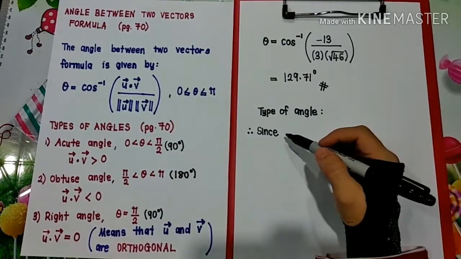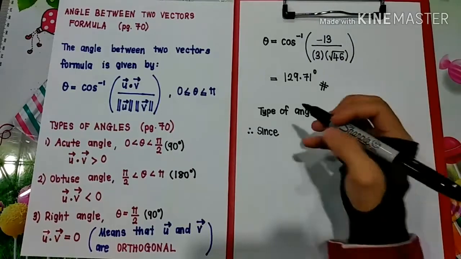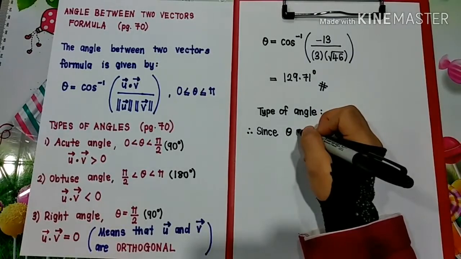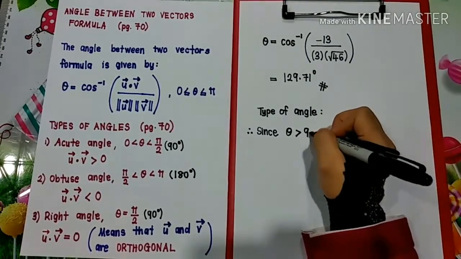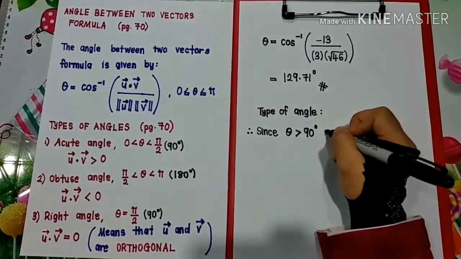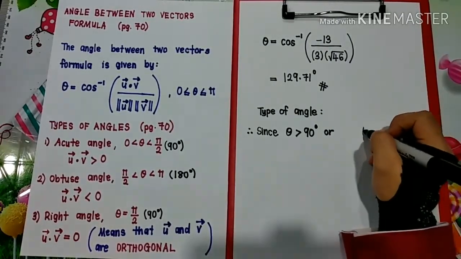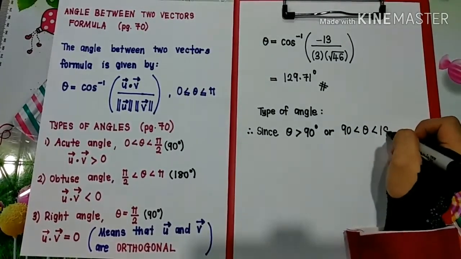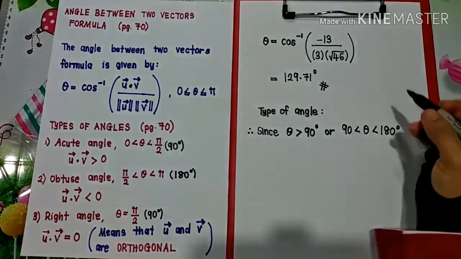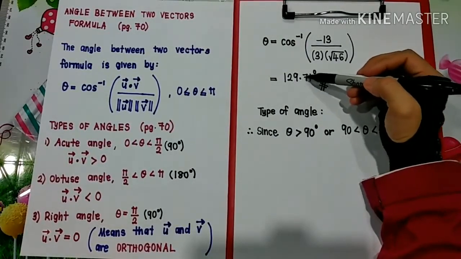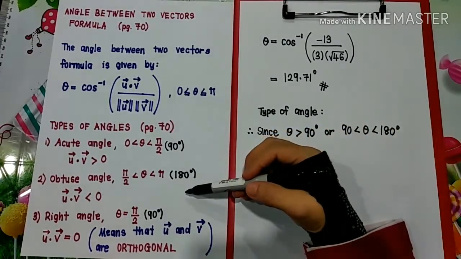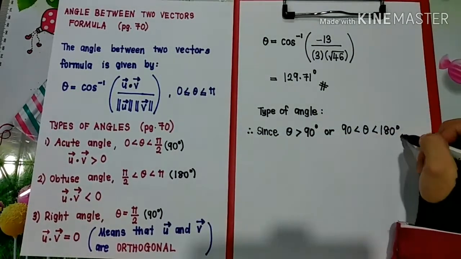Then we can solve for this one. Since theta here is greater than 90 degrees, or theta here is between 90 to 180 degrees, you get 129.71 degrees. So it is between this range. This means that the second angle here is an obtuse angle.